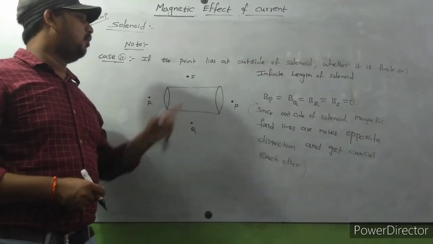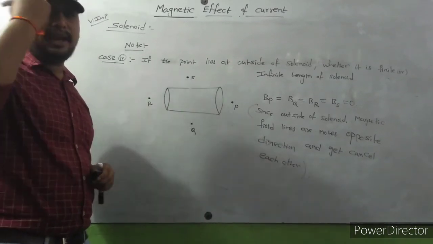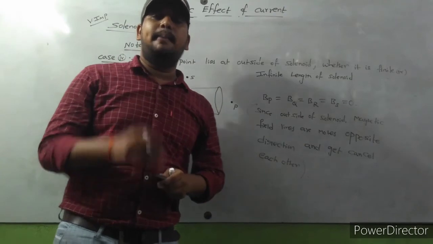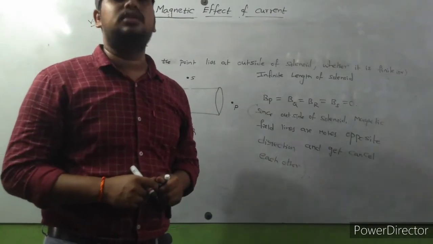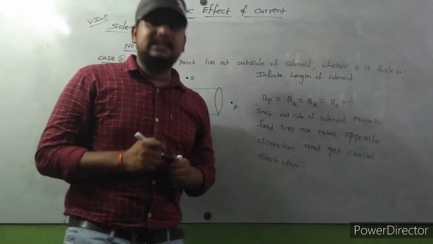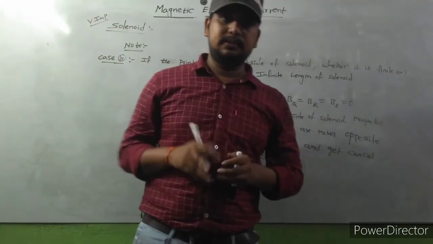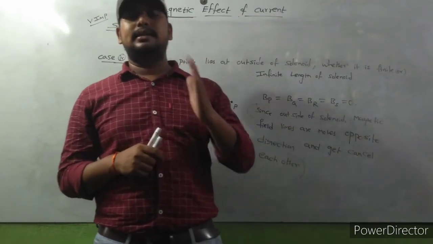So if you take any point outside of the solenoid, the magnetic field at that point must be equal to 0. So this is today's session. These are the main cases of the solenoid.